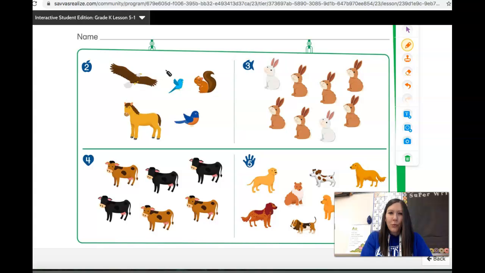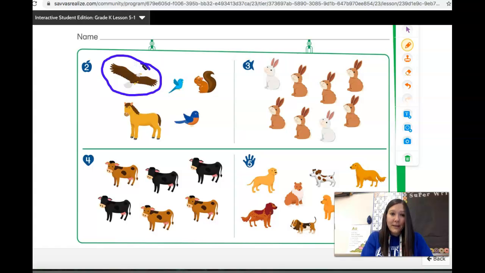What do animals with wings do? What can an animal do with their wings? Yeah, they can fly. Let's draw a circle around animals that have wings, and then let's put an X on the animals that do not have wings. All right, this is an eagle. Look at those big wings. Let's circle him.